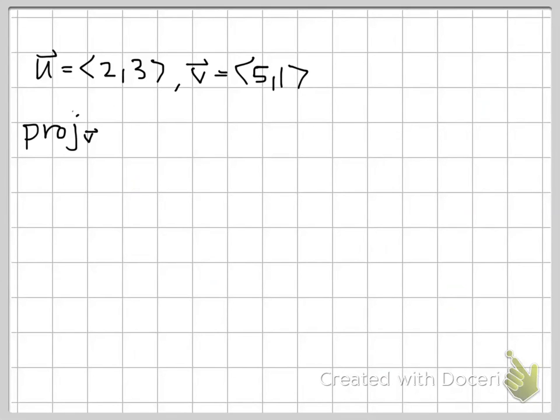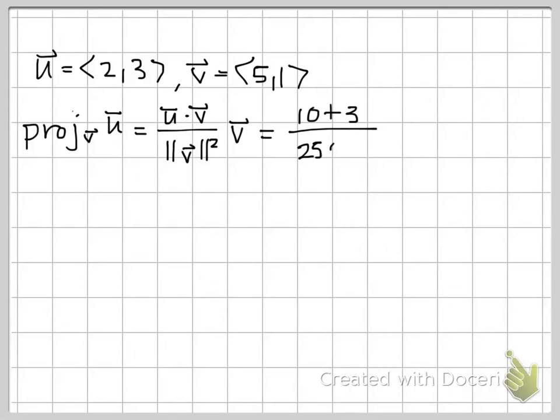So we just plug into the formula. I've rewritten u and v here in component form. The projection of u in the direction of v is u dot v over the magnitude of v squared, times v.